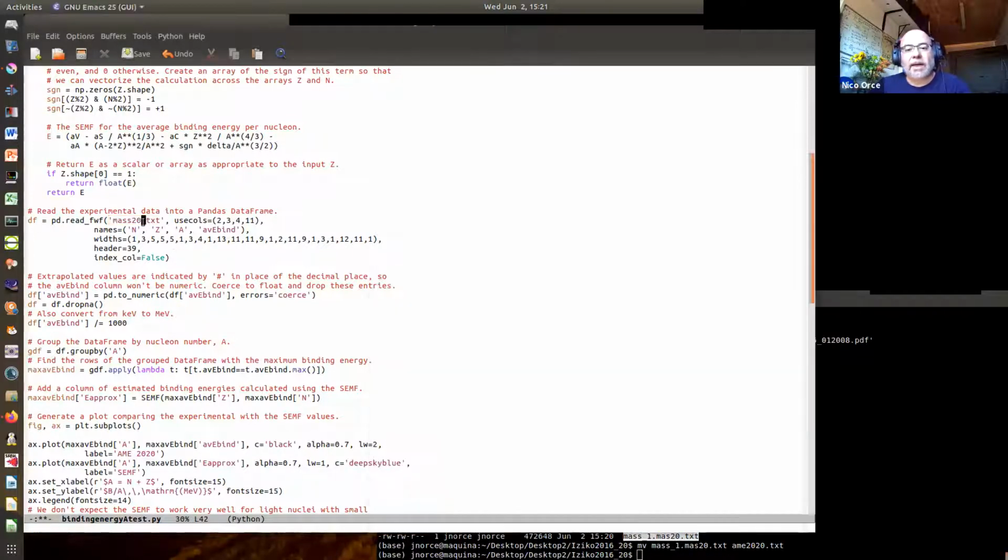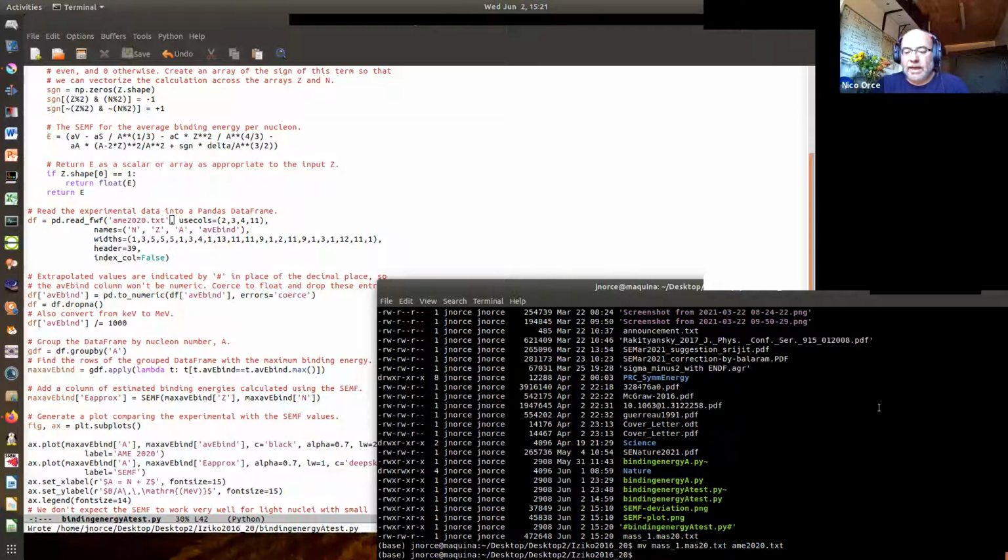Here I have to call it atomic mass evaluation 2020.txt too. Control X, I save the file, and then I can run the Python script, python3, and this is the binding energy. Here we go.